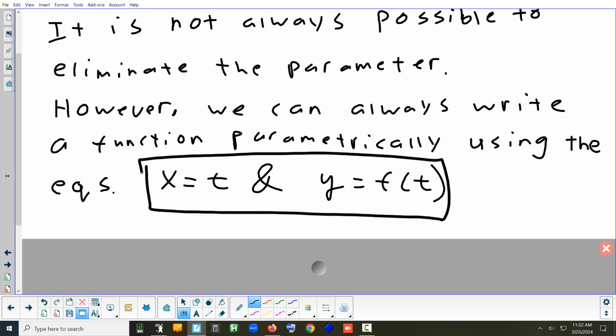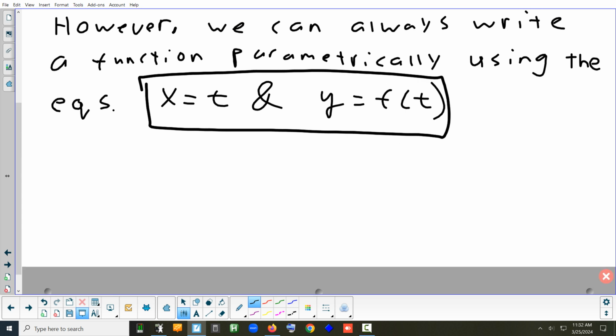You just say, I'm going to let x equal t, and I'm going to let y equal my original problem that I had, just changing all the x's to t's. So it is a way to do it. Okay, so here's an example.